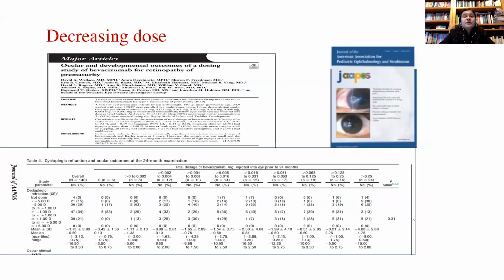This recent paper reported 2-year ocular and developmental outcomes for infants who received a decreasing dose of Avastin. The authors reported that at the end of 2 years, there were no statistically significant differences in neurodevelopmental status, and no significant differences in myopia development.